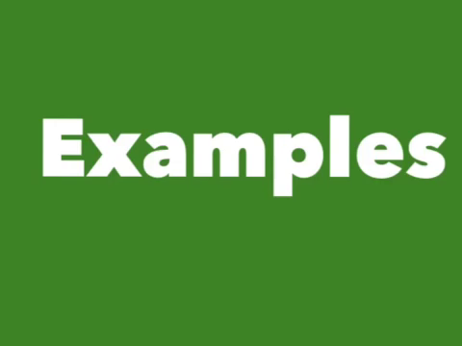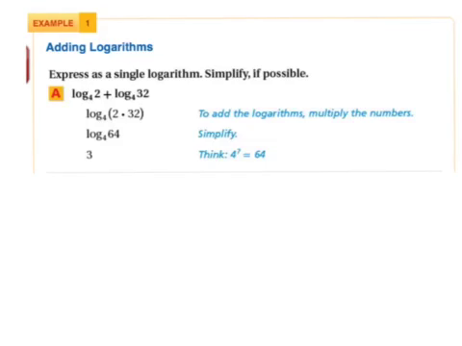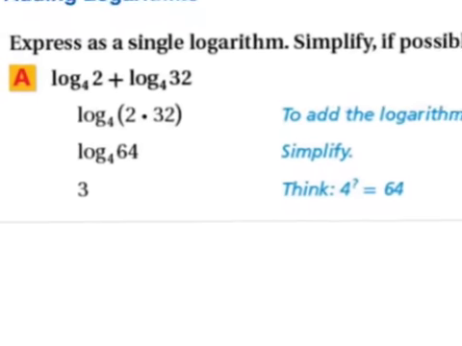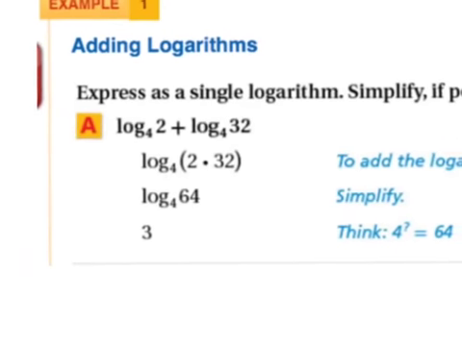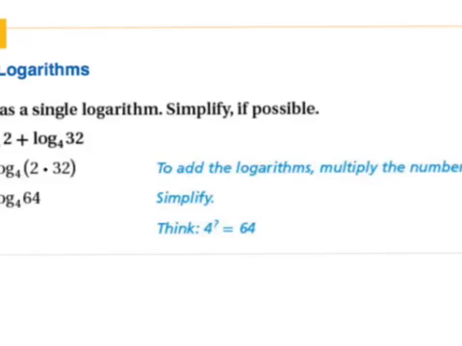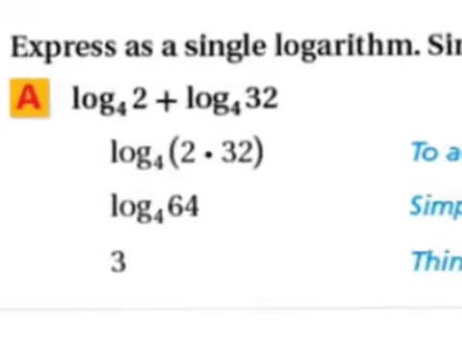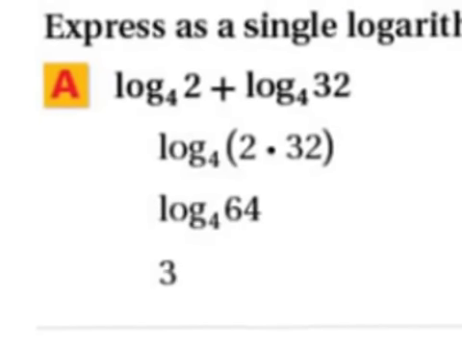Here are some examples. Here's one basic one already worked out. Express as a single logarithm. Simplify if possible. So I have two logs here: log base 4 of 2 plus log base 4 of 32.